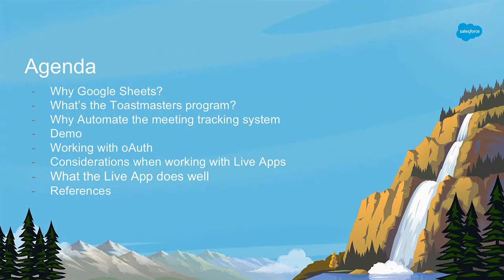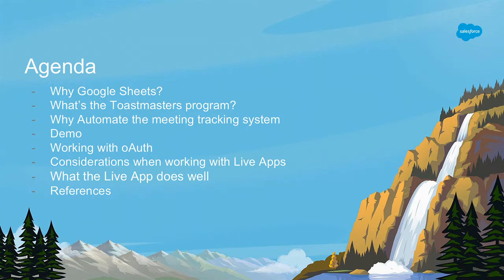What we're going to cover in the next 40 minutes: of course, I'll say who I am and why I'm getting up here. Also talk about a commonly asked question, why integrate Quip with Google Sheets? Because as many of you know, Quip has its own sheets. Then talk about the Toastmasters program, because we automated for the Toastmasters organization.